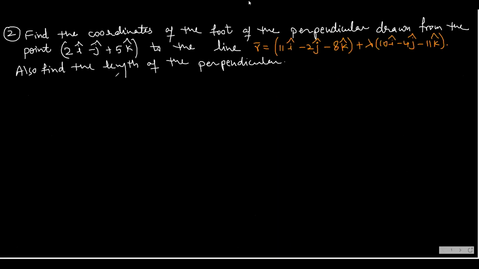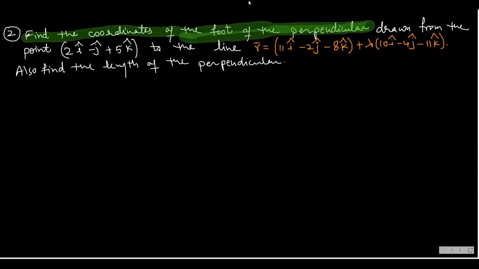Now we have the second question from the same exercise, and this question is similar to what we did. It is based on the same concept, but it is put differently. Let us read it. It says, find the coordinates of the foot of the perpendicular. Now you see this foot of the perpendicular. Had we done anything like this in the previous question?